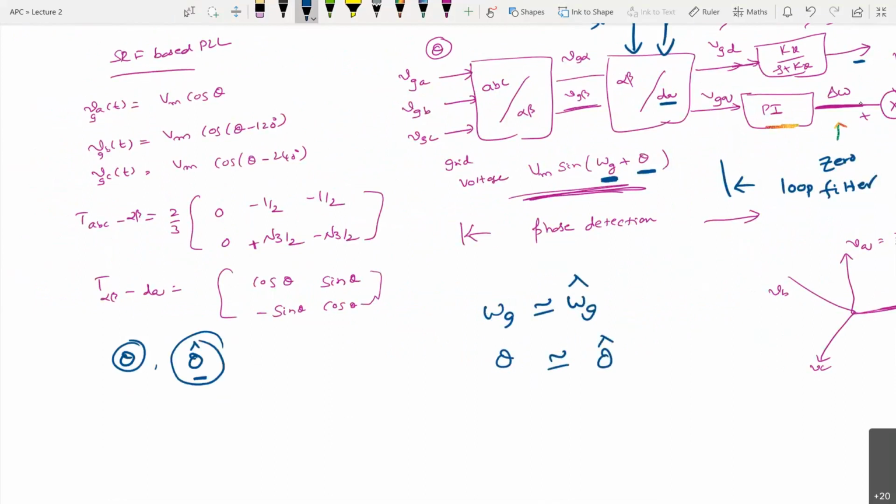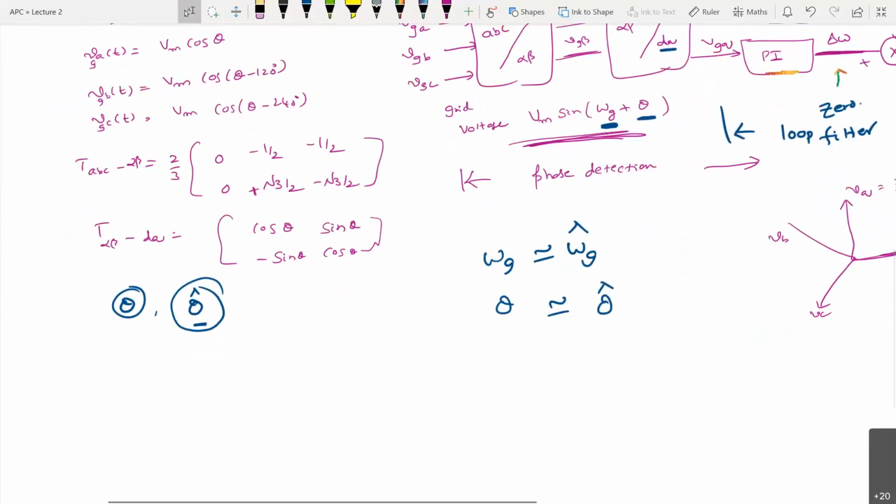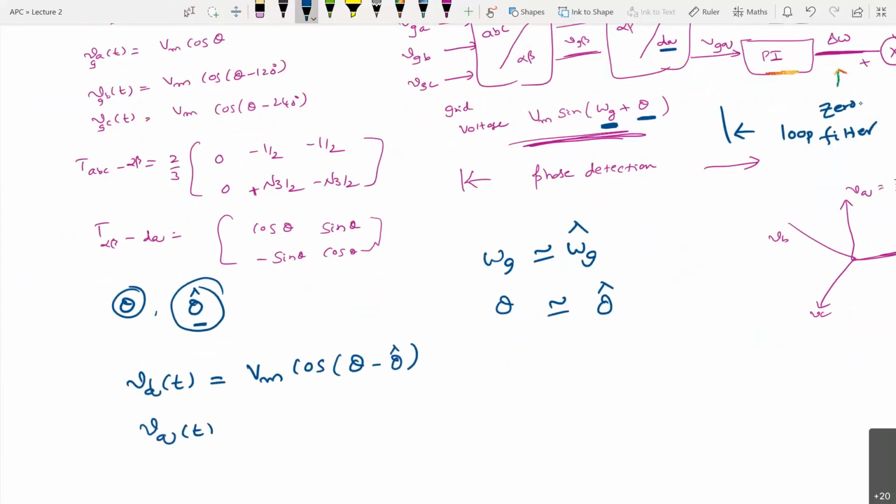If we transform the grid voltages into DQ components, Vd is Vm cos theta minus theta bar, and Vq is Vm sine theta minus theta bar.